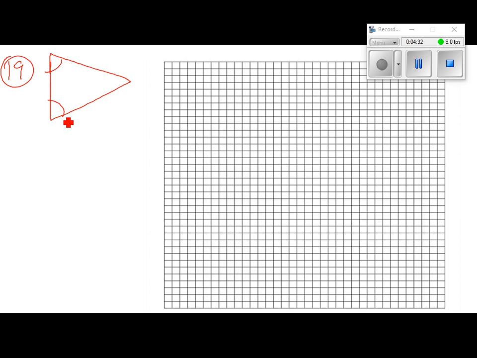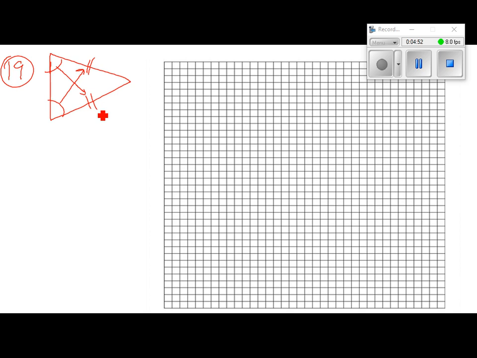Those 2 angles are congruent. What else does it tell us? Isosceles. So what do we know about the sides across from those 2 angles? They're congruent. They're the same. So those 2 sides are congruent. Did they tell us anything about those 2 sides?